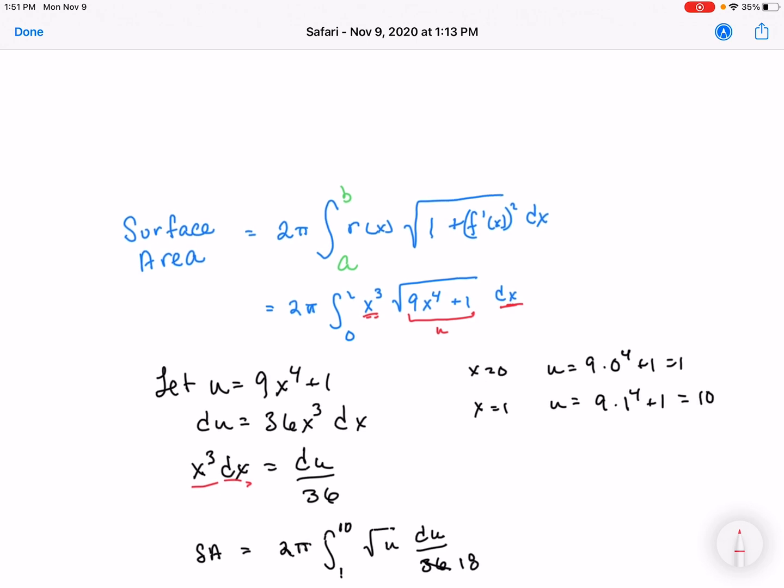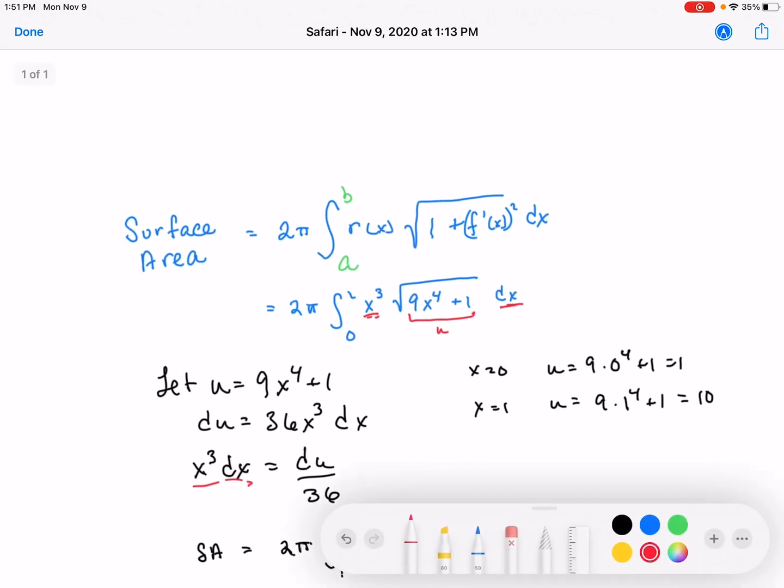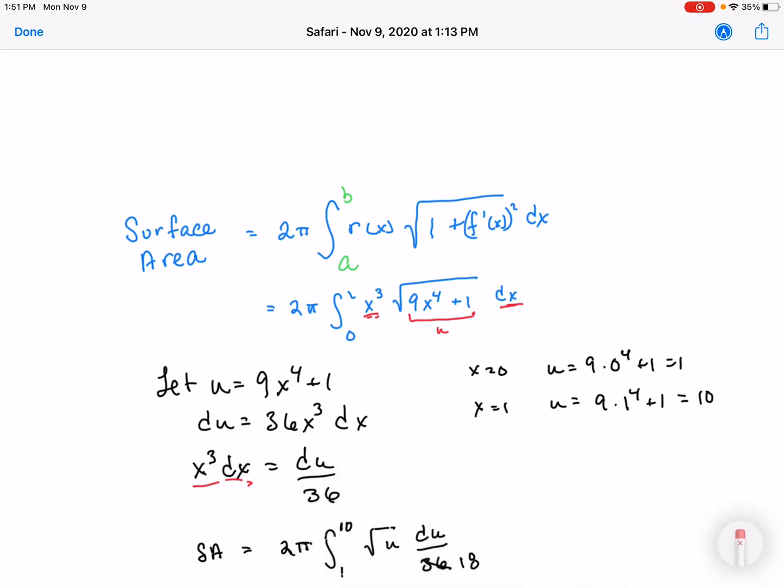we end up with 2 pi times the integral from 1 to 10 of the square root of u du over 36.